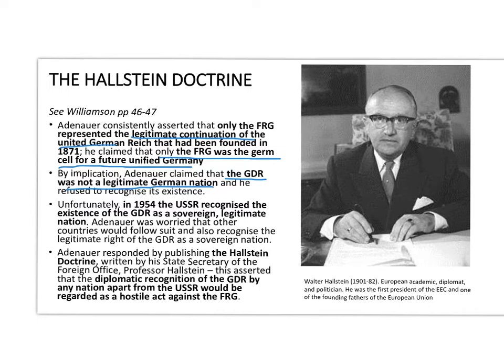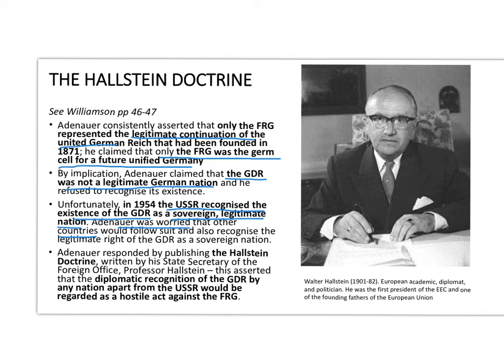The problem is, though, Adenauer was alone in saying, I don't recognise East Germany, because the Soviet Union recognised the existence of East Germany as a sovereign, legitimate nation. And that worried Adenauer, because he was really worried that other countries would follow suit in simple ways.